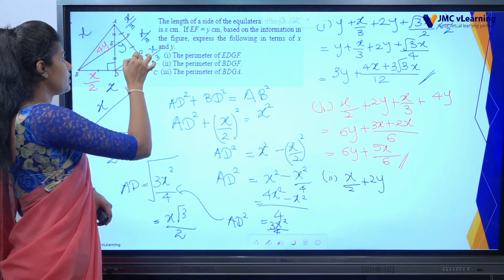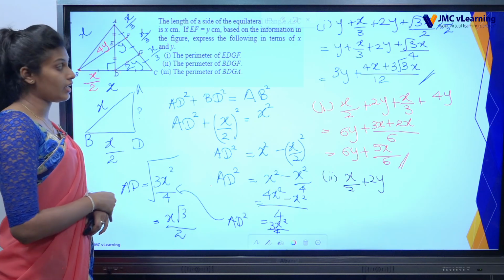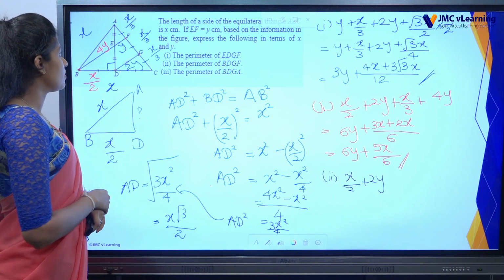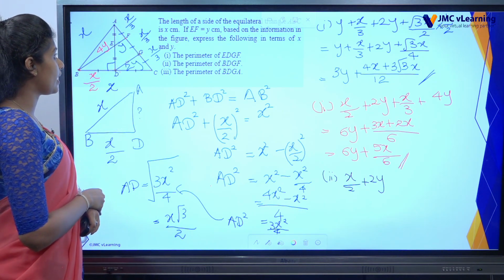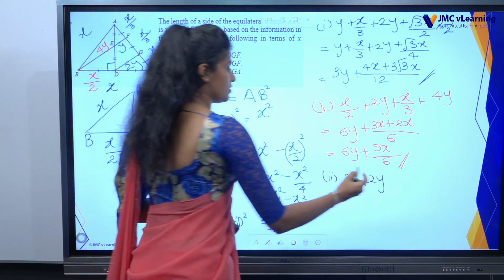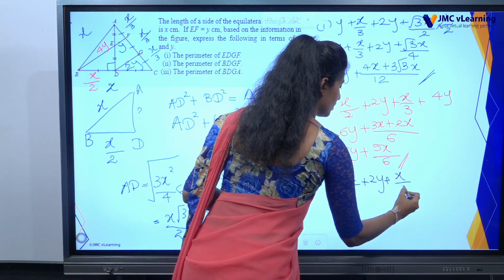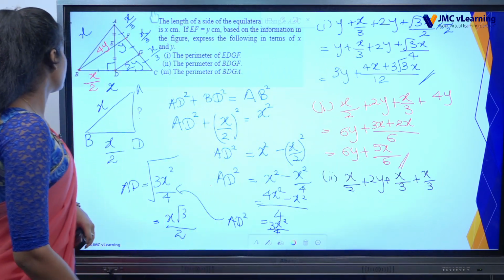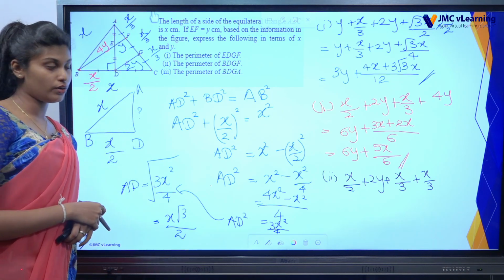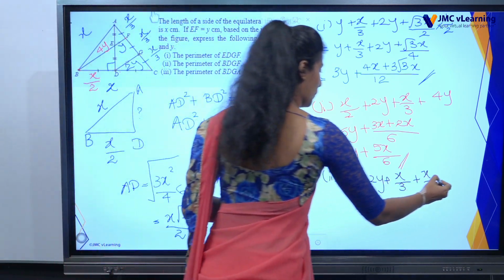Then you have to find GA. What is the length of GA? It is x over 3, add x over 3, add x over 3. Then the AB length we know it is x.